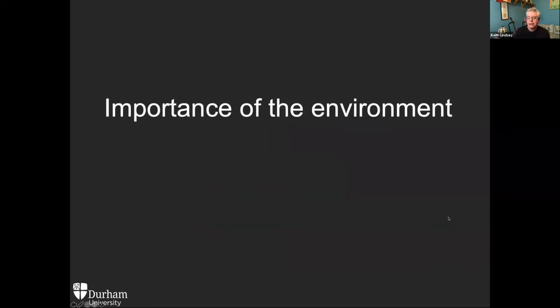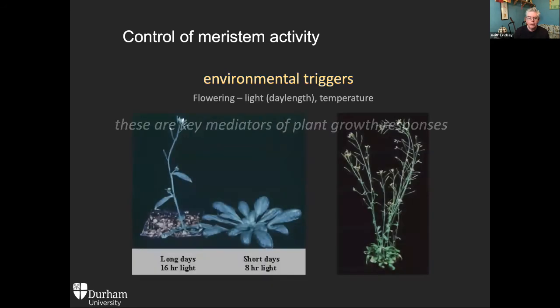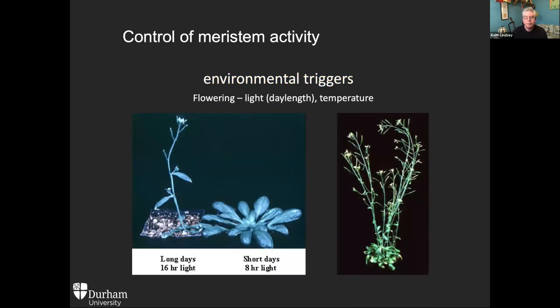So I'm going to just say a little bit about the environment, because this is really the key to understanding plants. And in terms of flowering, for example, two major environmental factors for many species, not all species, are the length of day and temperature.